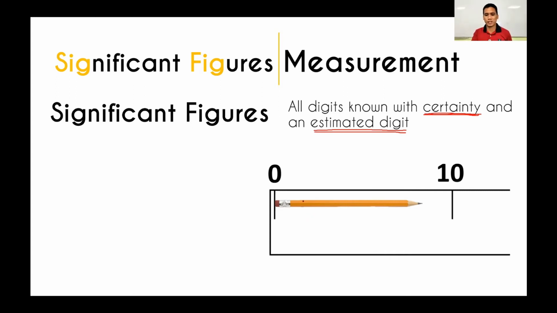So you estimate. If this is 5, which is half the 10, then 6, 7, 8, and 9.